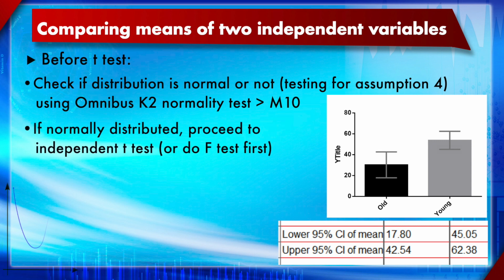If it's normally distributed, proceed to independent t-test, or you can do an f-test beforehand. In earlier statistics textbooks, everybody recommended you to do an f-test, to see whether the variances are equal or unequal.